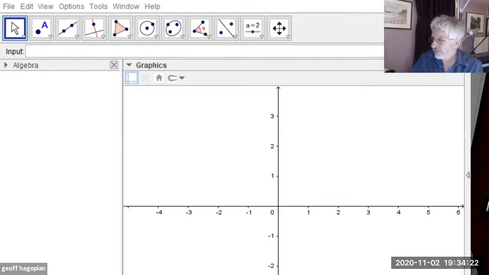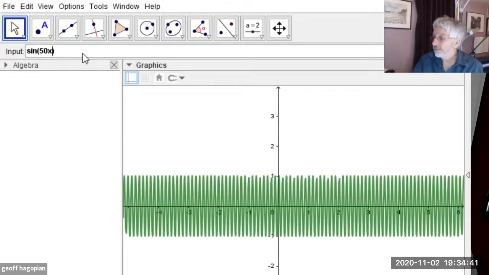So they suggest graphing the function sine of 50x. Okay. So let's just enter that in here. So what does the 50 do? It's going to compress, right? And sure enough, that looks pretty compressed.